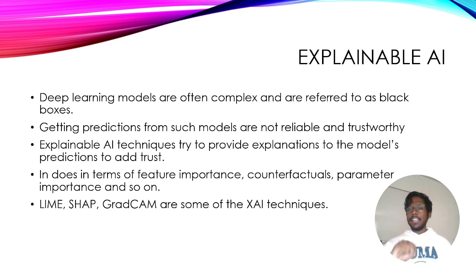Once you apply the explainable AI techniques, it will give explanations. Let's say you take an image and say that in this region I find something abnormal, and because of this I am saying it has a brain tumor. Now my friend, this gives an explanation, this gives trust or confidence. Instead of blindly saying this has a brain tumor, I say because of this I am saying it's a brain tumor.